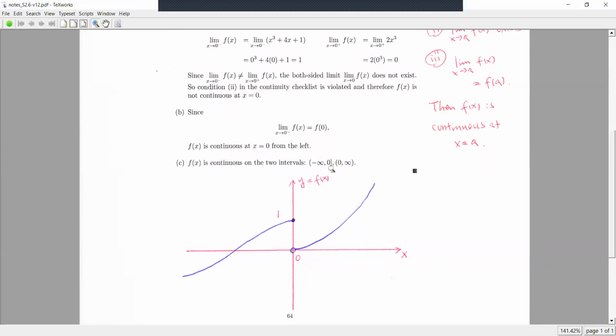Square bracket means including 0. Then the second interval is 0 to infinity. At 0, the function is not continuous from the right, so I place a parenthesis here. Parenthesis means excluding the point 0.